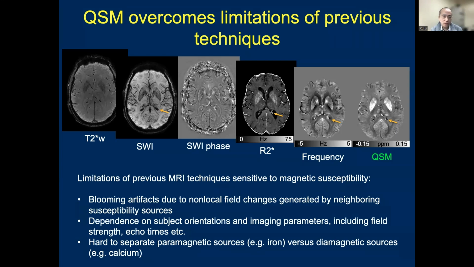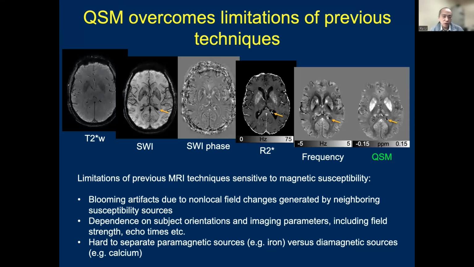QSM overcomes the blooming artifact, which is due to the non-local field change generated by neighboring susceptibility sources. Also, the previous techniques usually have a stronger dependence on subject orientation and image acquisition parameters, which QSM has some advantage.